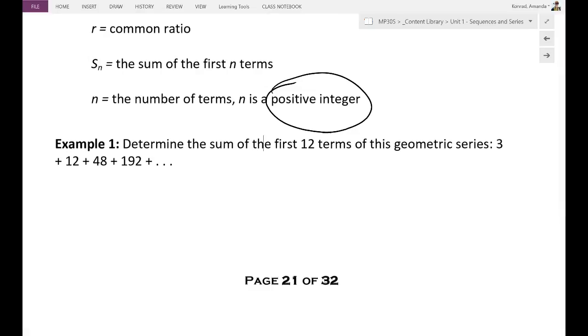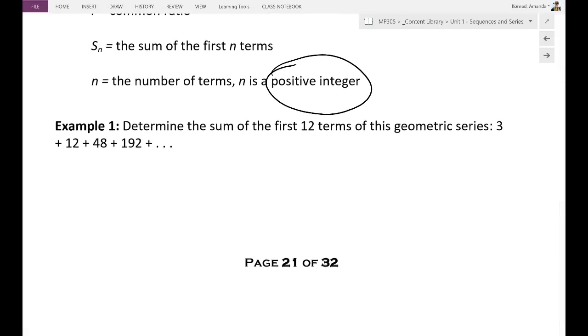So look at example 1 and try and apply this equation that we have. Determine the sum of the first 12 terms for this geometric series. So we are trying to figure out the sum of 12 terms. That's what we're trying to figure out. So Sn is going to be S12.